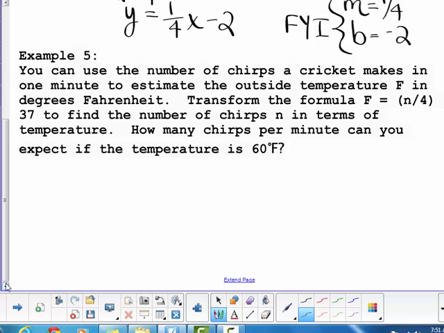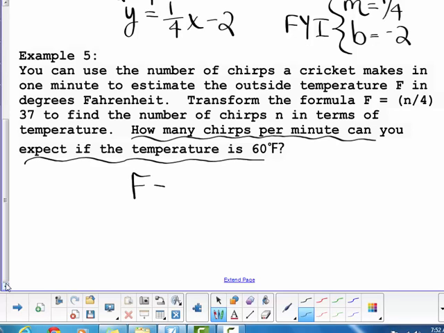You can actually use the number of chirps a cricket makes in 1 minute to determine the temperature. The formula for that is F equals the quantity N divided by 4 plus 37, where N is the number of chirps. The question is, how many chirps per minute can you expect if the temperature is 60 degrees?